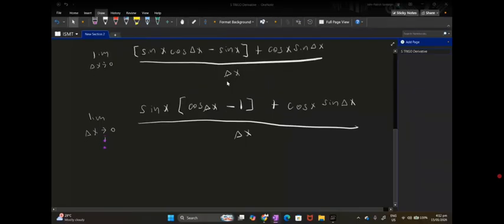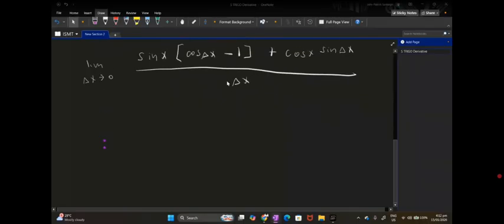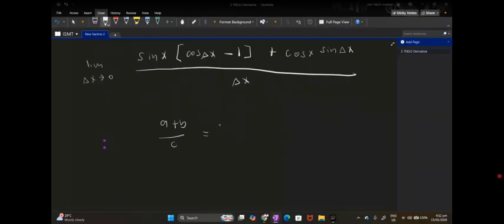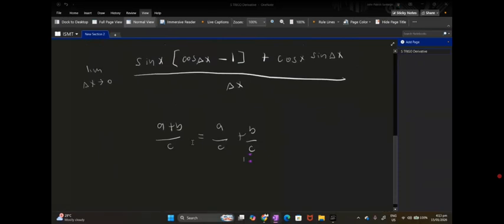And after that, babalik ulit tayo dun sa formula na A plus B all over C. Again, same lang siya sa A over C plus B over C. Pwede po natin siya gawin here. So, magiging the limit delta x.